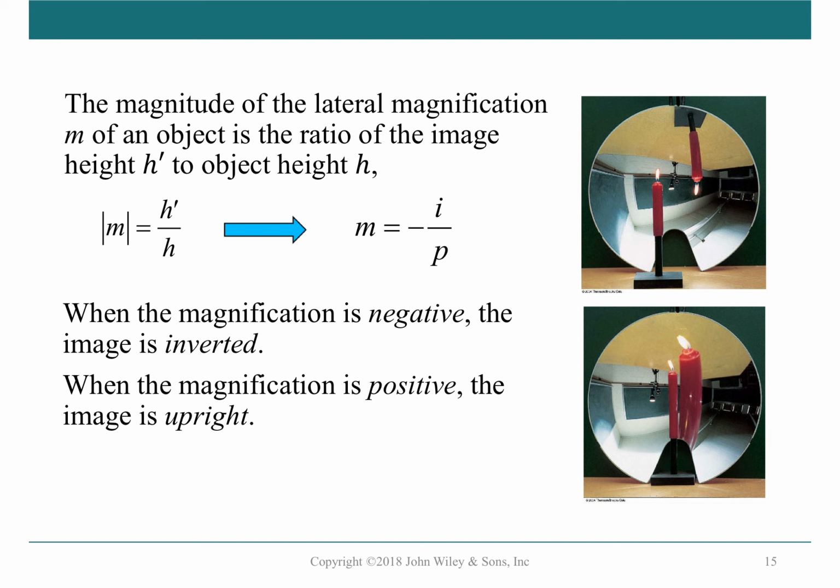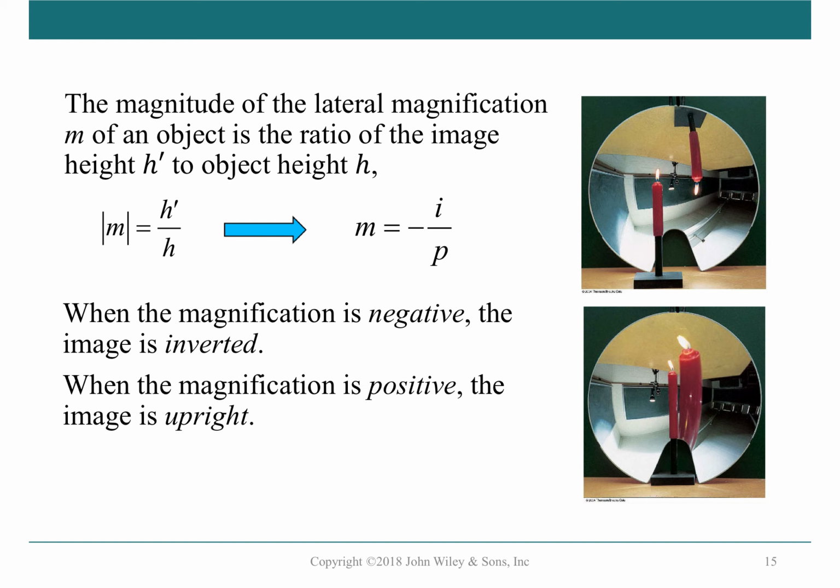If an object's image has height h prime, and the object itself has height h, then the magnification of that object in a mirror has an absolute value of m that's given as h prime over h, the apparent height of our object in its image, divided by the actual height of our actual object.